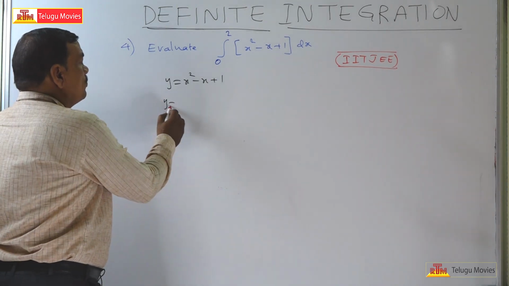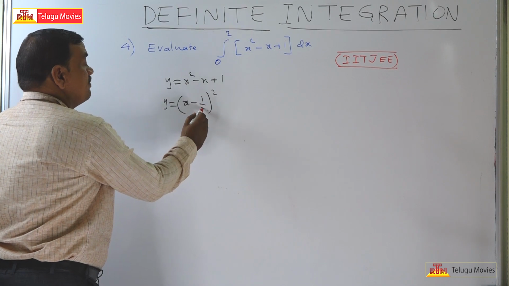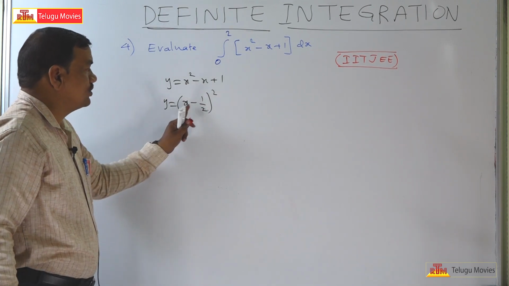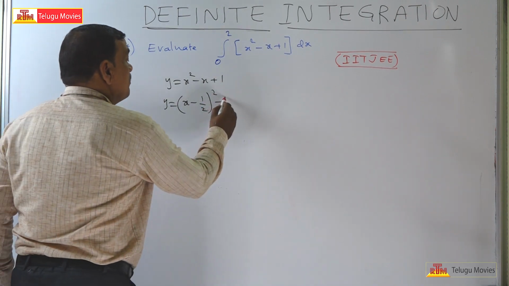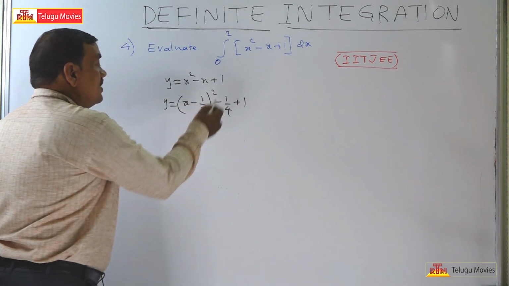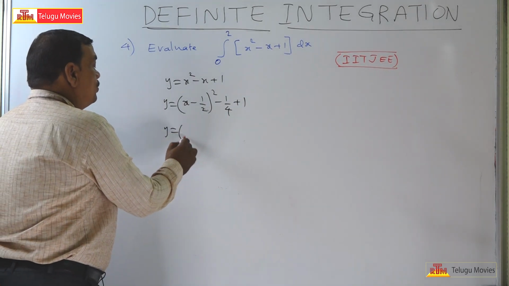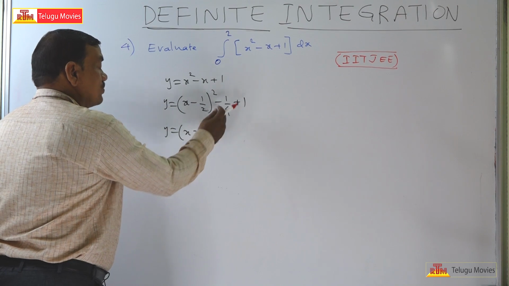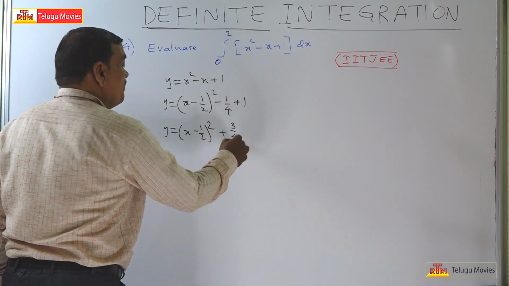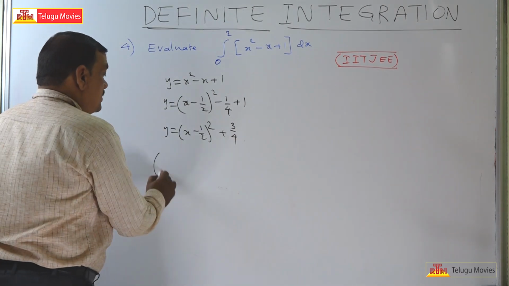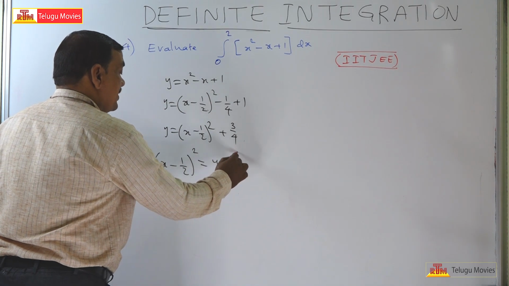So, y is equal to x minus 1 by 2 whole squared, that means x squared minus 2ab, that means minus x plus 1 by 4. So, this is minus 1 by 4 plus 1, plus 1 by 4 there. Then y is equal to x minus 1 by 2 whole squared, 4 1s are 4, minus 1 plus 4. So, this is equal to 3 by 4. So, now this is x minus 1 by 2 whole squared equals y minus 3 by 4.